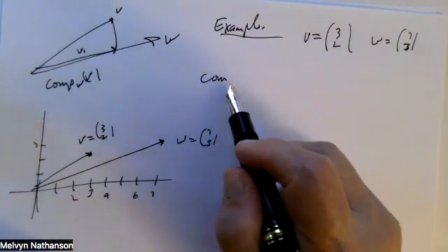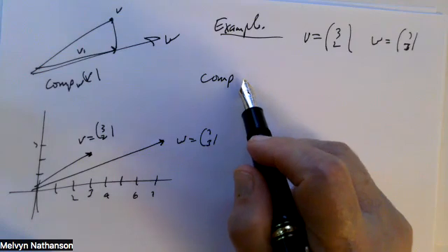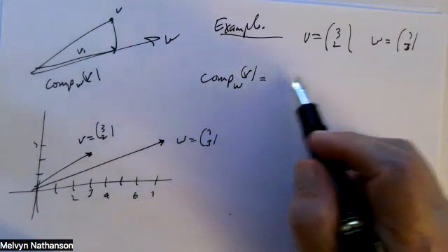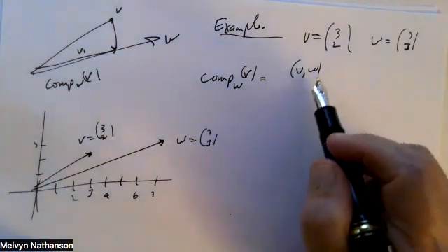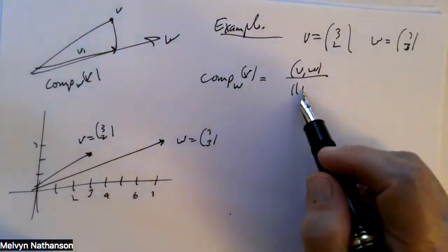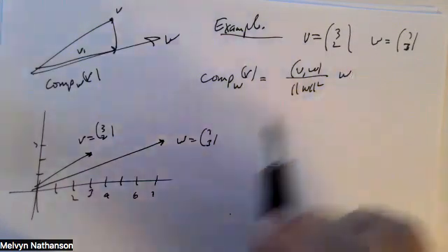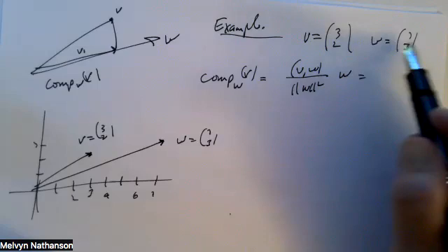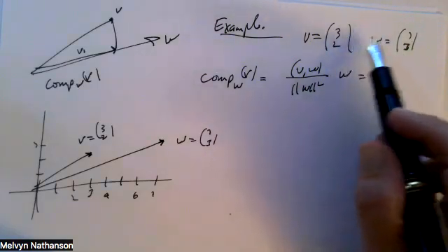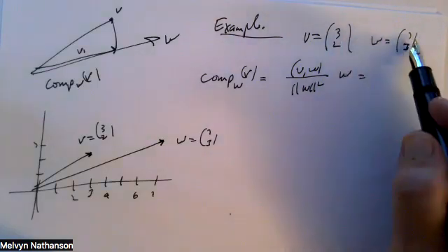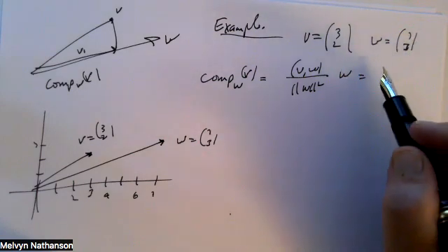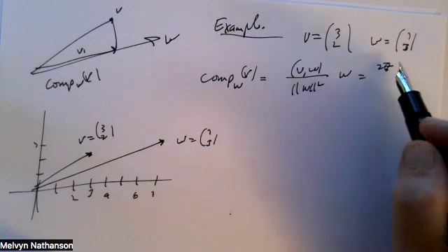So the component of V in the direction of W is the inner product of V and W divided by the length of W squared times W. The inner product of these two vectors, you multiply coordinates and add. 7 times 3 is 21. 2 times 3 is 6. 21 plus 6 is 27.